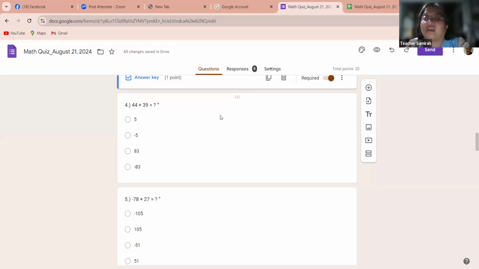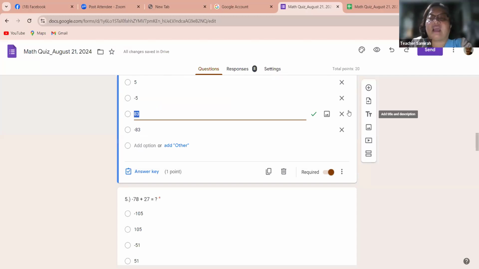Take note, the sum of two positive numbers will also be positive. So what will be the possible choices? The possible choices should be 5 and 83. Since we are going to add, the answer will be positive 83. Right? The sum will be positive 83.